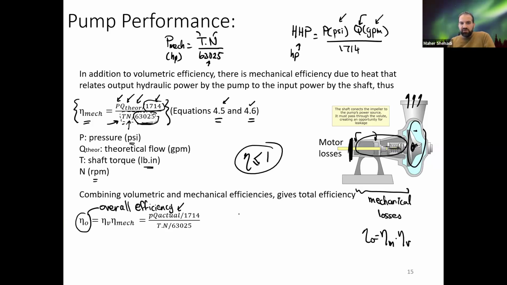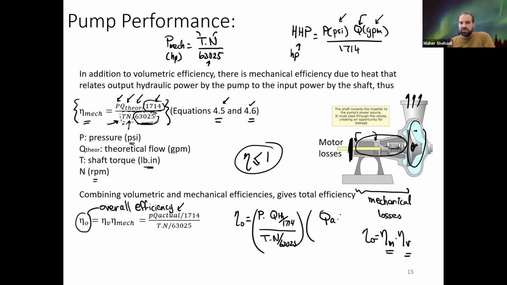If you have your mechanical efficiency as P, the pressure, times Q theoretical divided by 1714, and all that divided by Tn over 63,025, that's my mechanical efficiency. The volumetric efficiency, we just defined as Q actual divided by Q theoretical.